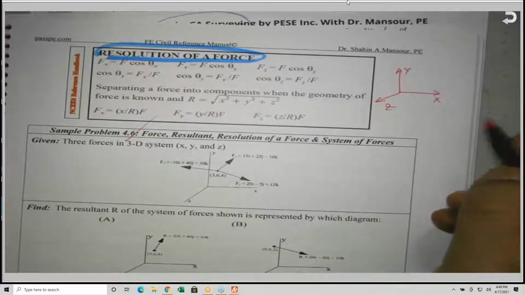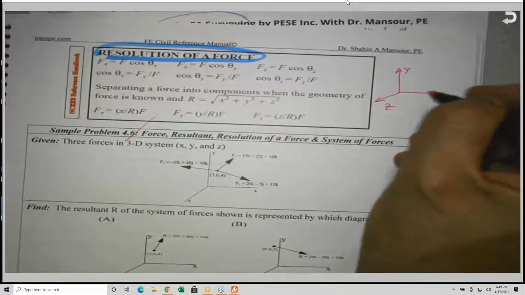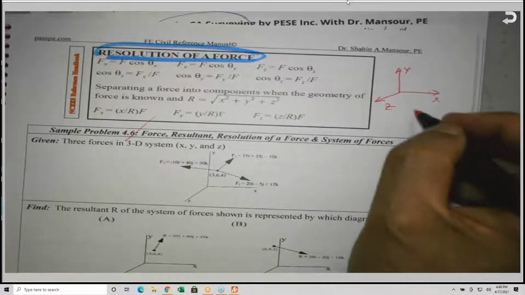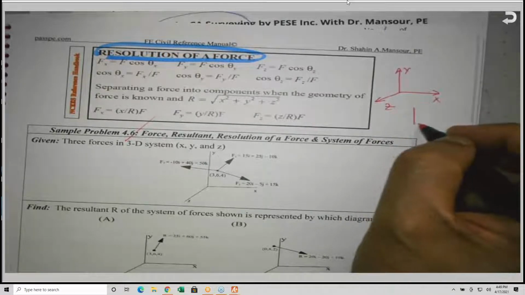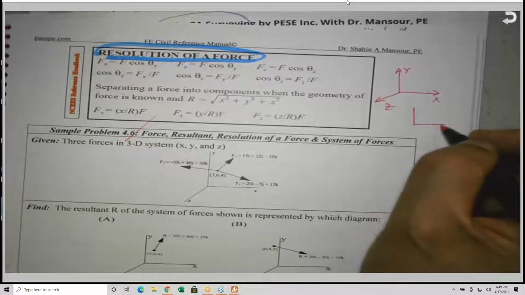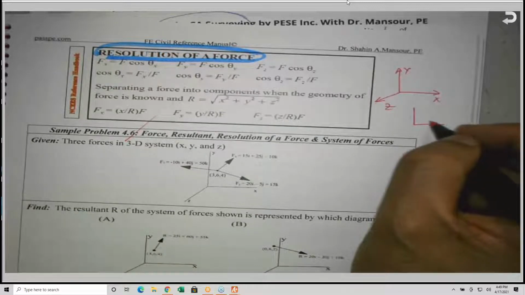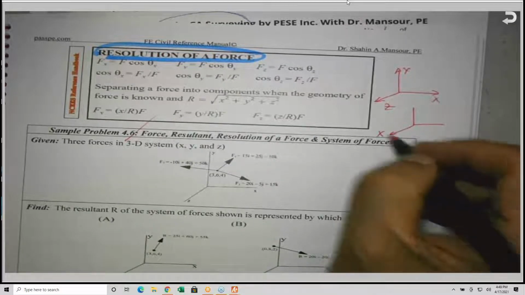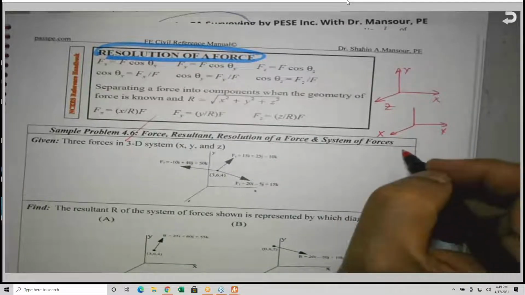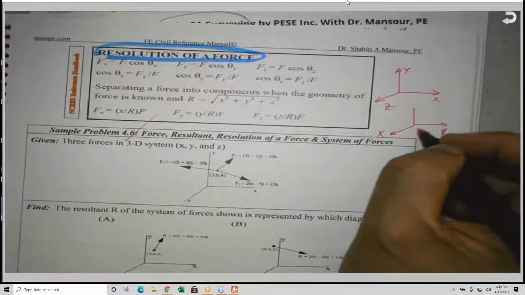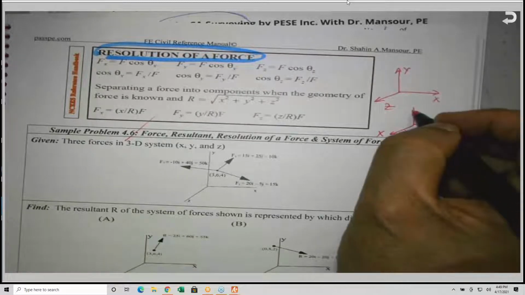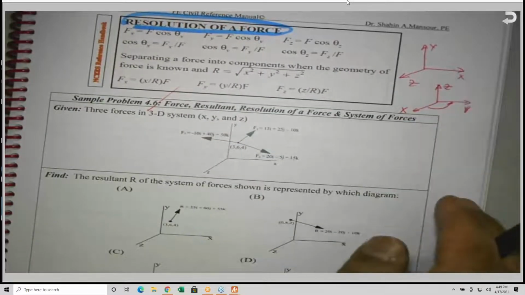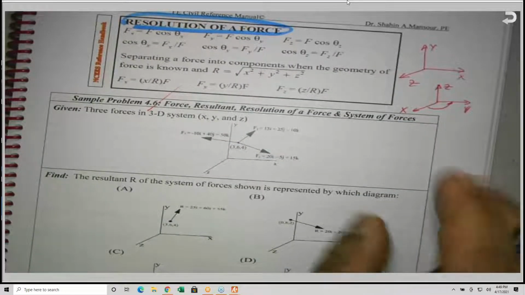Okay, we have something called the right-hand rule. When you rotate from X to Y, you should advance in the Z. So if I decided to have my coordinates different from what is shown here, if I call this X and I call this Y, when I advance from here to here, I have to advance to Z. According to the right-hand rule, you have a right-hand screw.